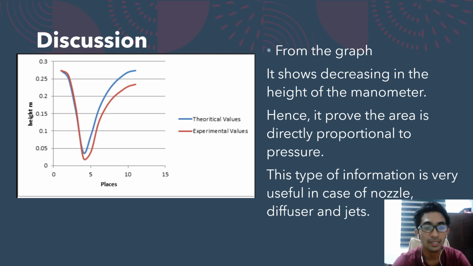So when the area is decreased, the pressure will also decrease. But the theoretical and experimental values are different at the last point, maybe caused by the friction of the tube. This type of information is very useful in the case of nozzles, diffusers, and jets.